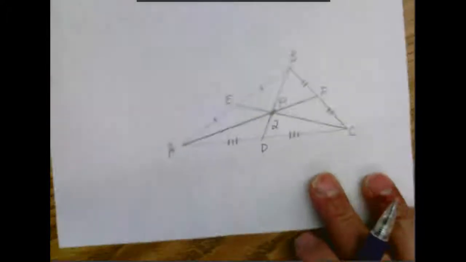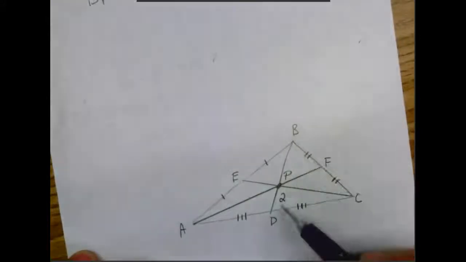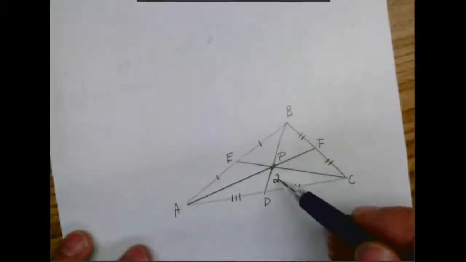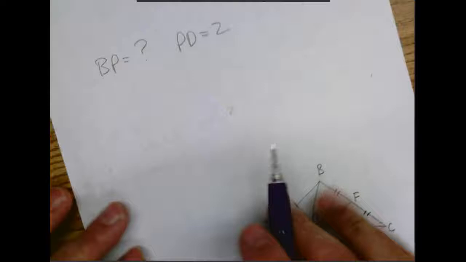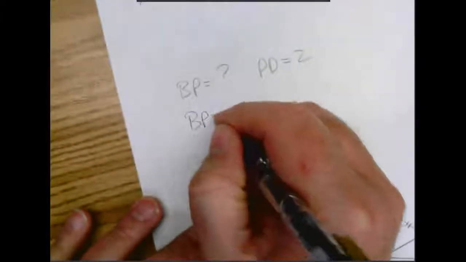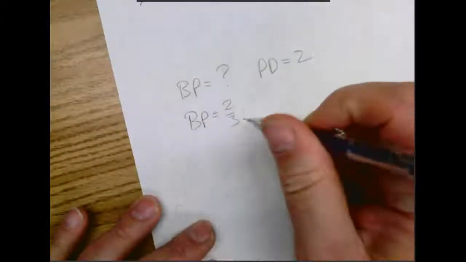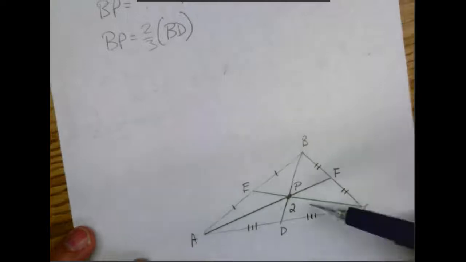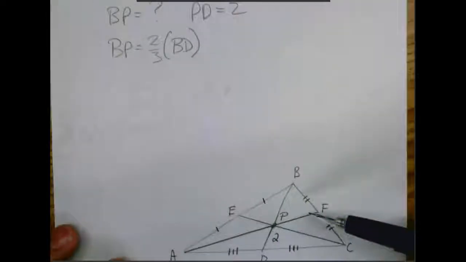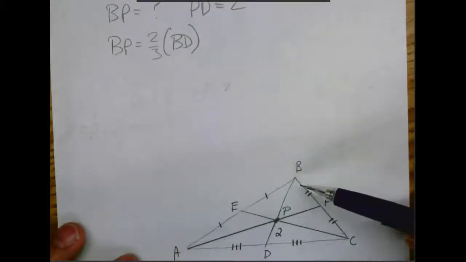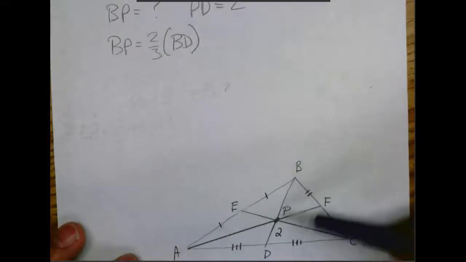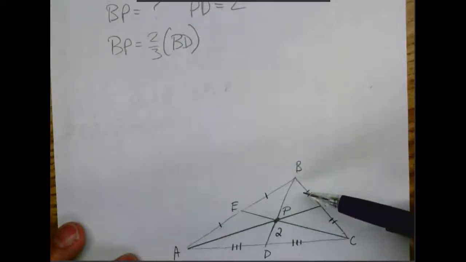So this triangle here, we want to know what this whole length is. But we know that BP is 2/3 the total length, which is BD. Problem is, we don't know the whole length. So how do we use what we know about medians to solve for that length, that 2/3? Okay, so what we can do here is substitute.